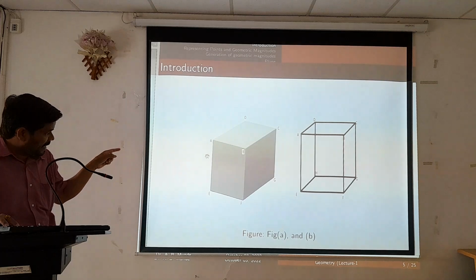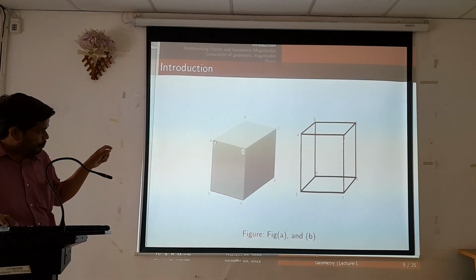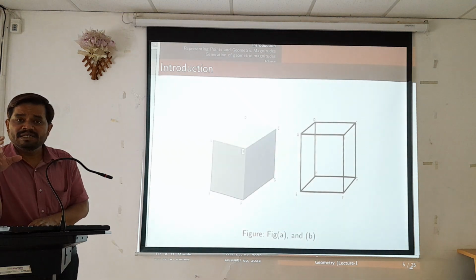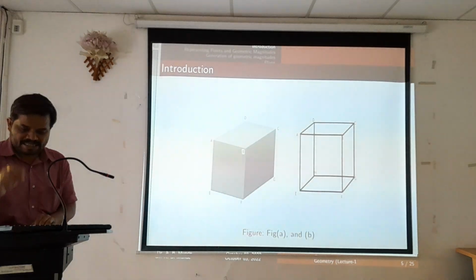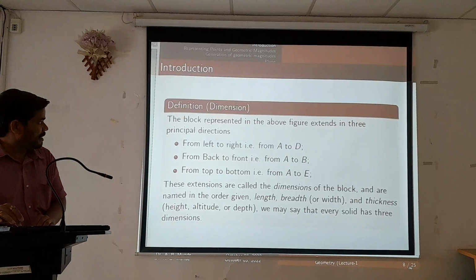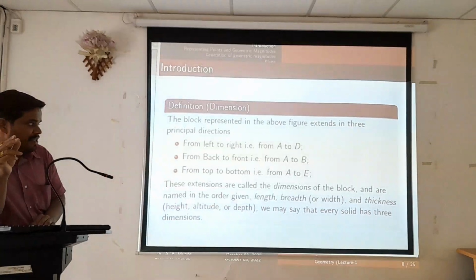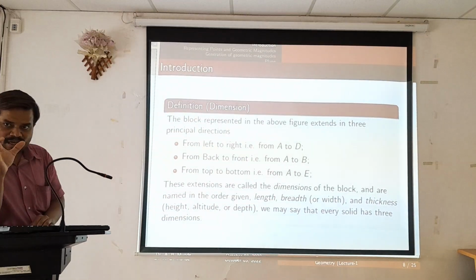Then from this point A to E, it is from top to bottom. So these are some principal directions, and these extensions are called the dimensions of the block. Do you understand?